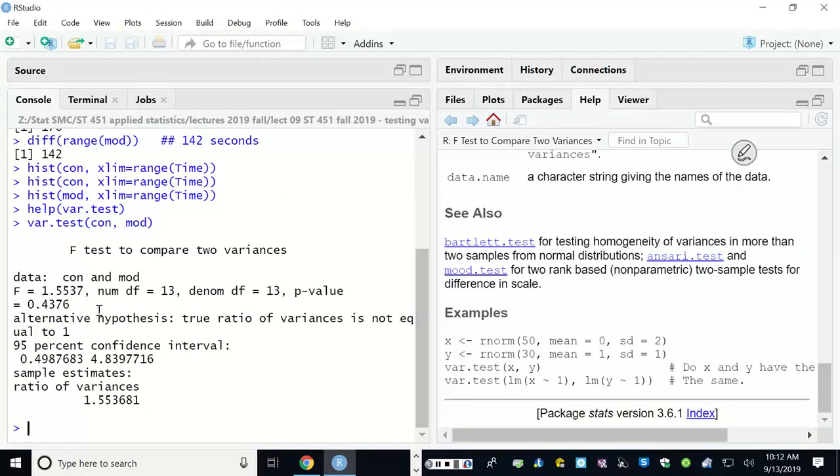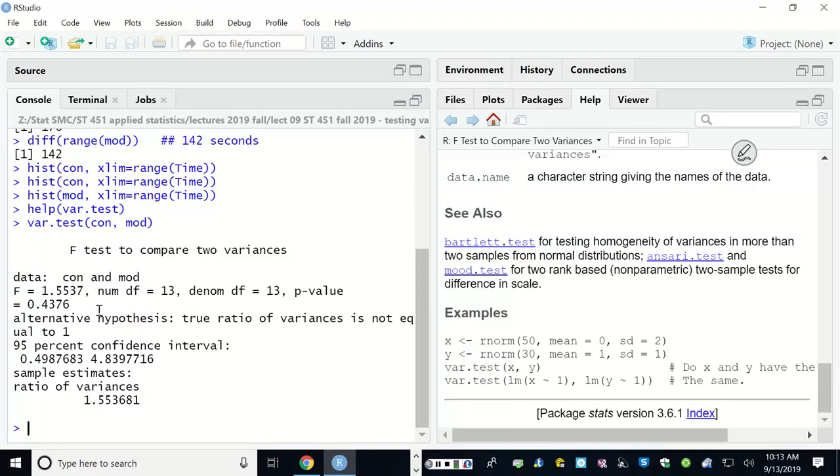We get an F value of 1.55, degrees of freedom 13 and 13, and it gives a p-value of 0.44. Not unusual. It actually gives a confidence interval for the ratio of variances. So this F-test would say it's reasonable. You can't really prove that the variances are different. So if you want to do a two-sample t-test, it would seem perfectly fine to use equal variances, and that's a little more powerful test.